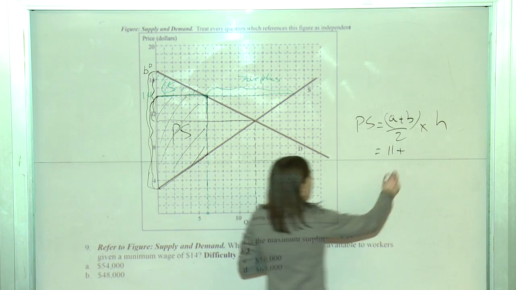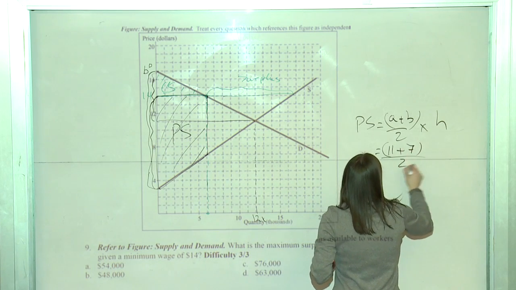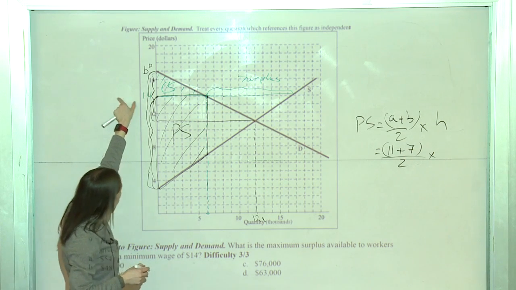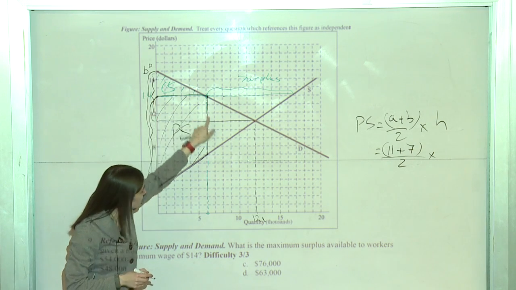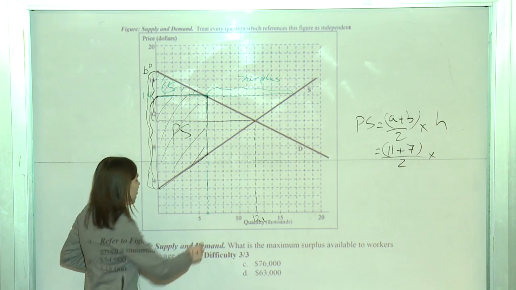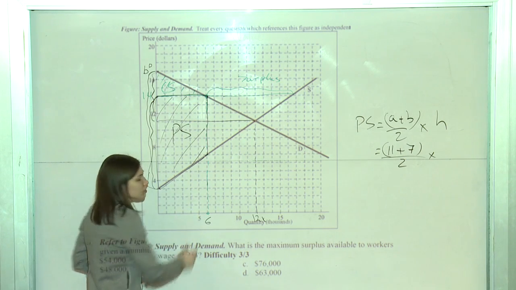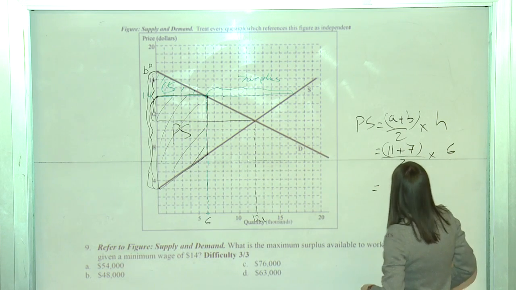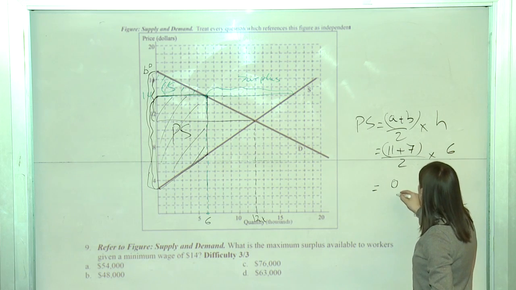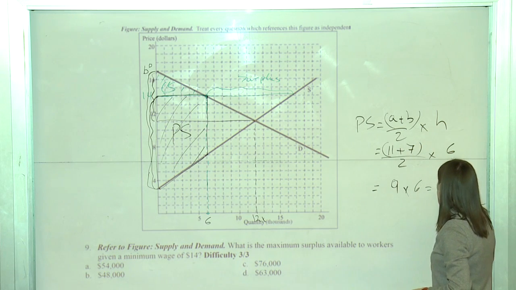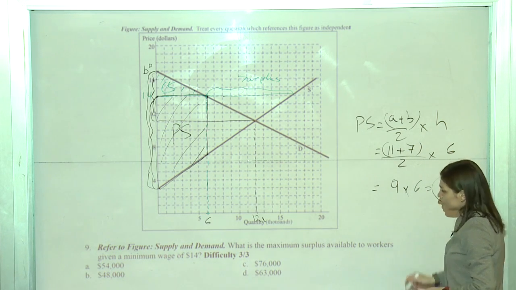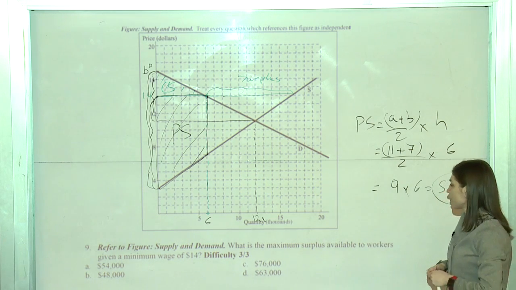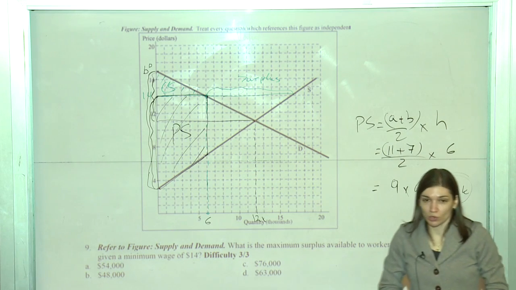It's 7 divided by 2. The height is the quantity after the floor is imposed, which was 6. So 18 divided by 2 is 9, times 6 is 54. So 54,000 is the maximum available surplus to workers in this market.